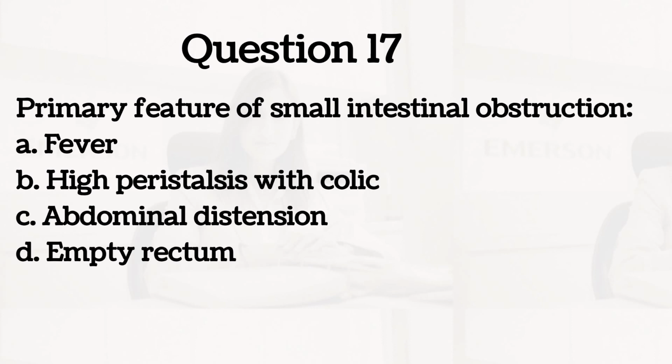If you use the concept from the previous question, I'm sure you have gone with B, which is your high peristalsis with colic, since we said colic pain is the first feature. The way MCQs are, if you use some concepts, you find that you even get the correct option. So if you use the same concept here, you have gotten this one correct as well. That's the primary feature of small intestinal obstruction.